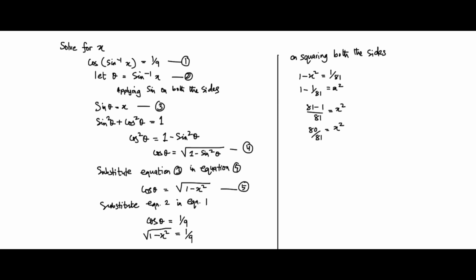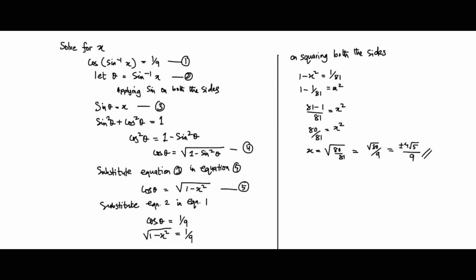And what we will do is, on taking square root, x is equal to now square root of 80 divided by 81. So x is equal to now root of 80 divided by square root of 81 is 9. Now here you will have to further simplify root of 80. If you simplify this square root of 80, you get plus or minus 4 times square root of 5 divided by 9.